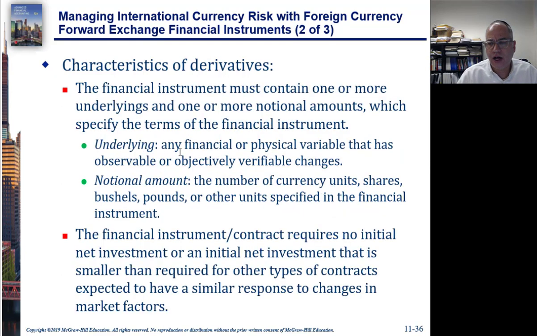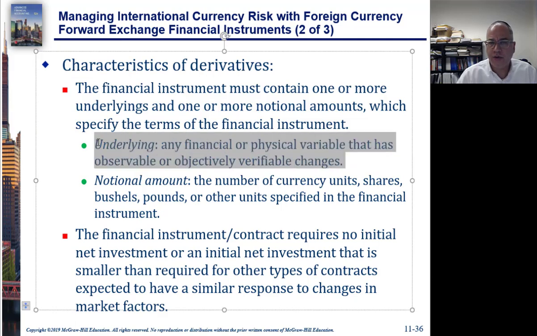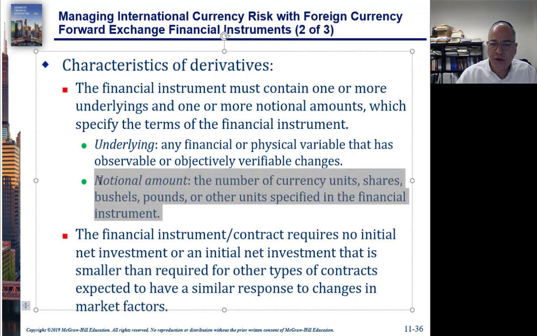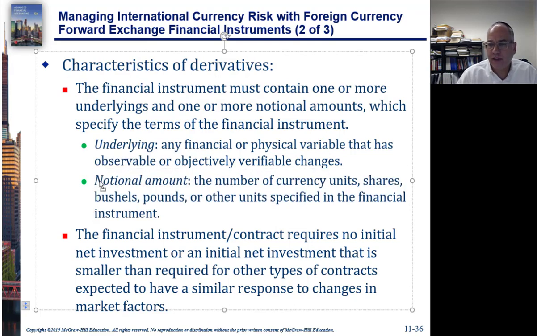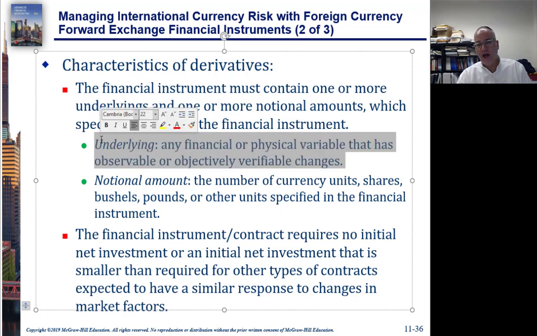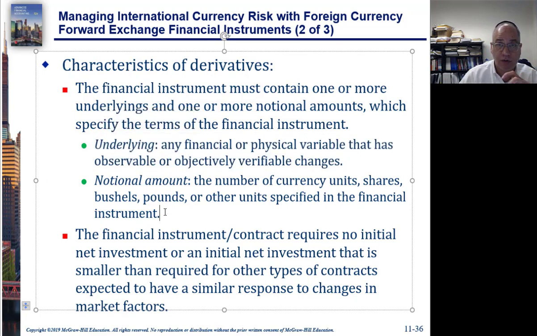The underlying here would be the value of jet fuel. The notional amount would be how much jet fuel is needed that's contracted for in these contracts. So the derivative is going to have these two features to it. One is a price that you're going to pay for the jet fuel and that you can keep track of, so you agree to that price.